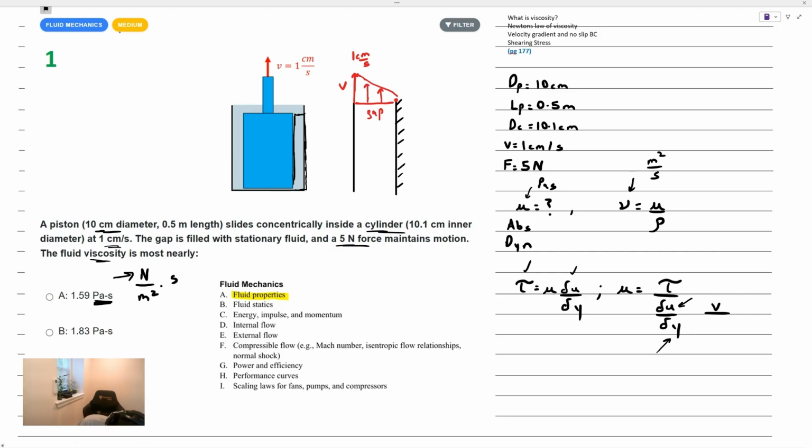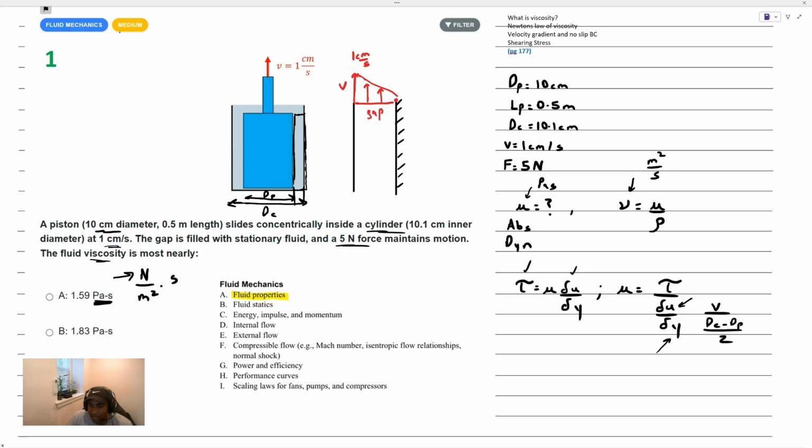If we look at the diameter here, this is the diameter of the cylinder, and this one here is the diameter of the piston. If we take the difference between these two and divide it by 2, we'd be able to find what this gap is. So we take the diameter of the cylinder, subtract off the diameter of the piston, and cut it in half to get one side of that gap.